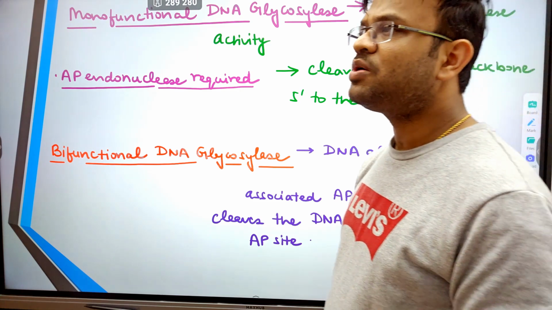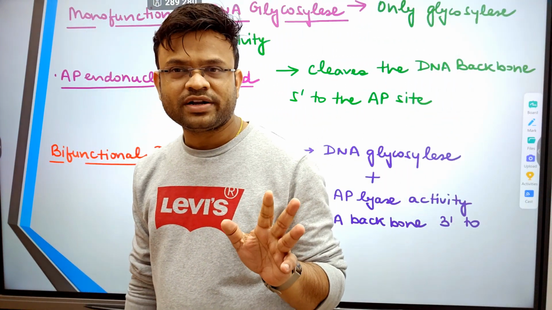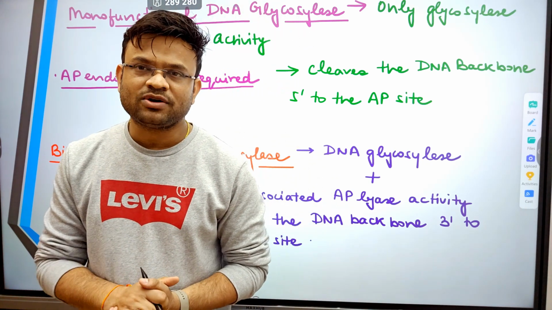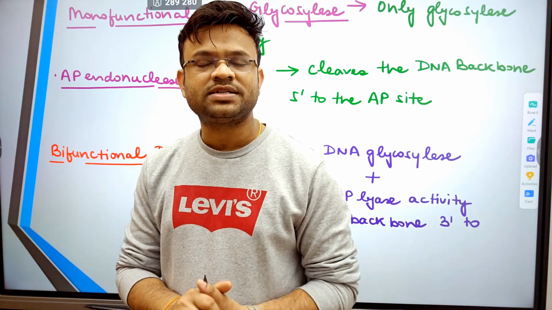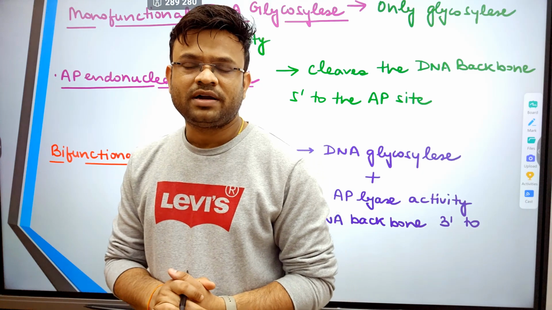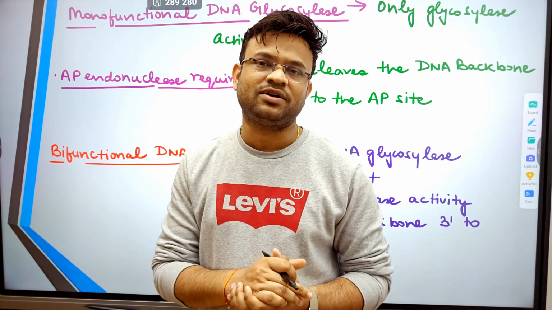Now I was telling you about the DNA glycosylase enzymes. There are two different types of DNA glycosylases depending upon the function of the enzyme. You can classify it into two parts. The first type was the monofunctional DNA glycosylase, and the second type was the bifunctional DNA glycosylase.